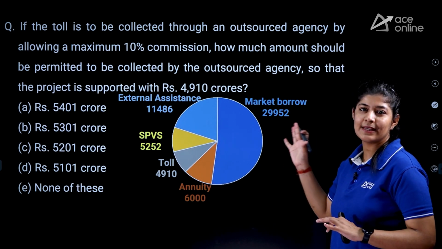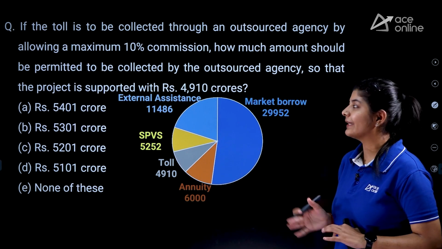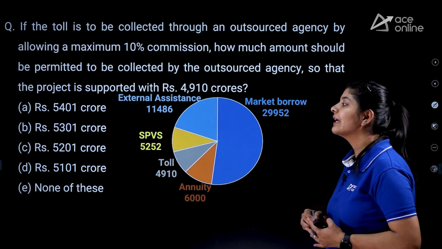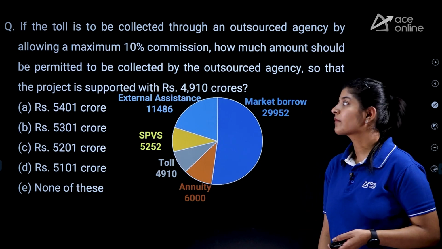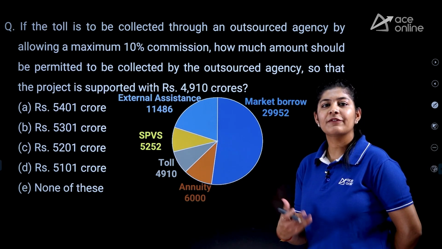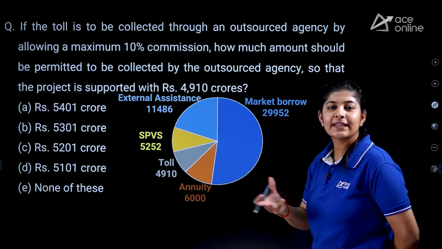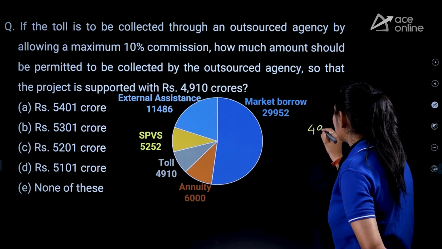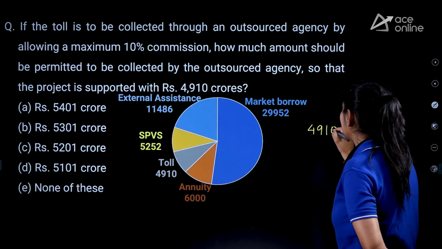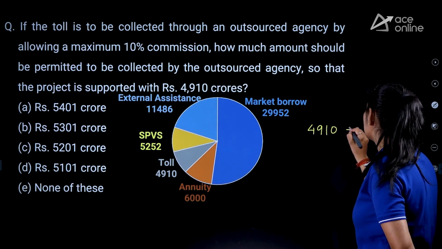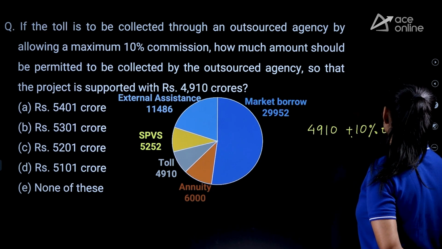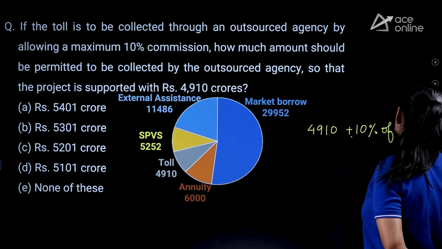So basically this is just a simple mathematical calculation. So just simply determine the correct answer over here. We know that if the agency is taking a 10% commission, they are taking 4,910 crores, and apart from that they are also taking 10% of 4,910 crores.